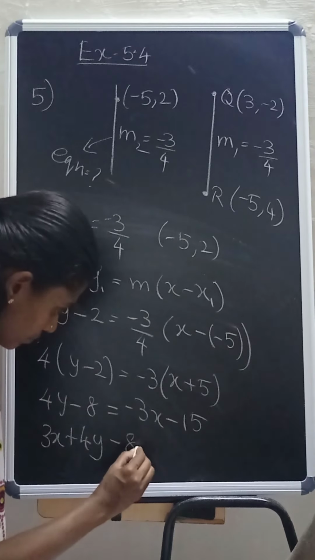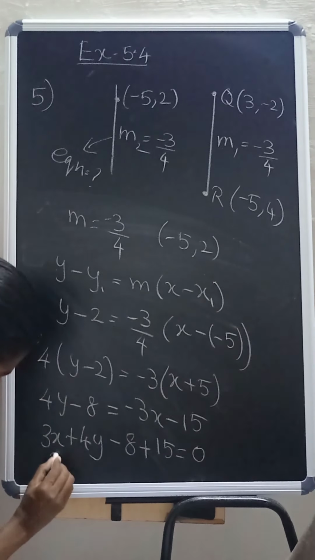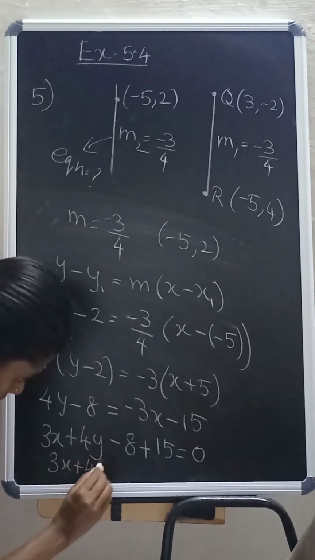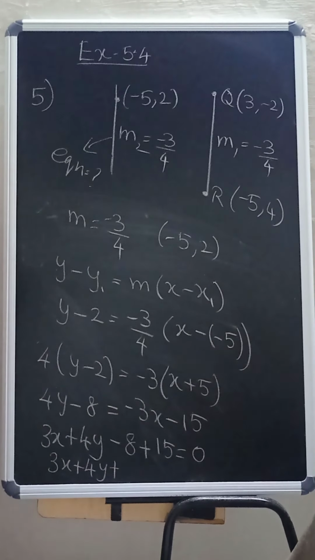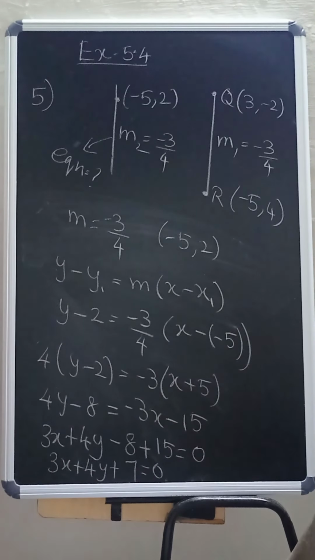Square y. 3x plus 4y plus 7 is equal to 0 is the equation of the required straight line.